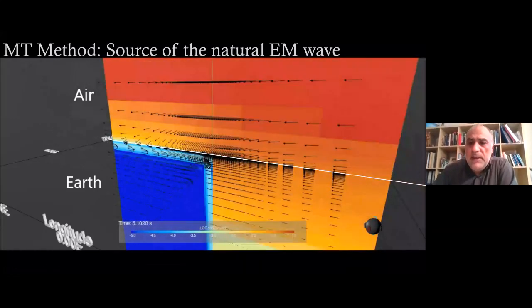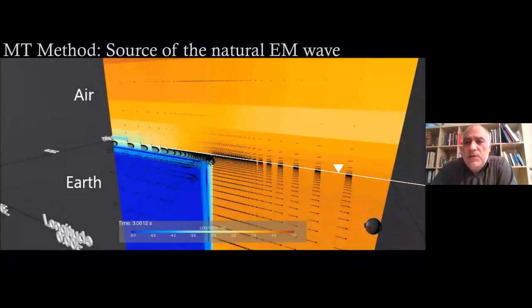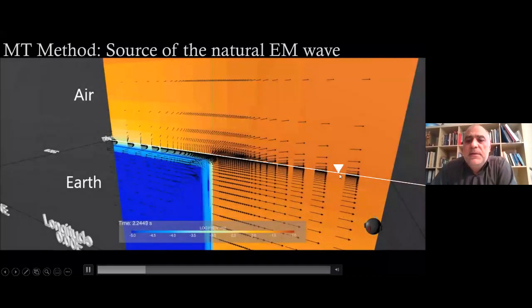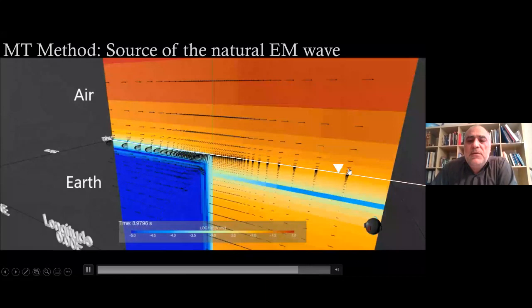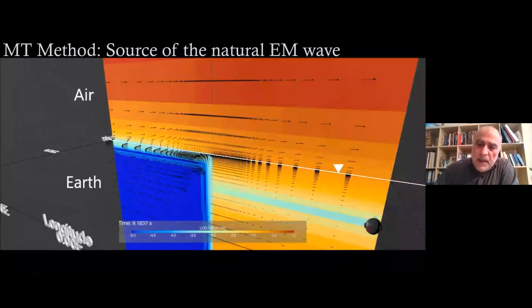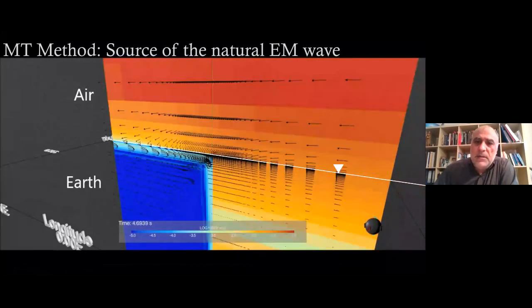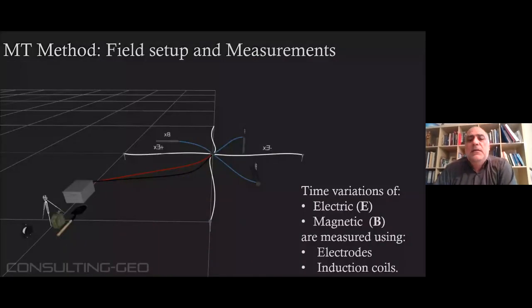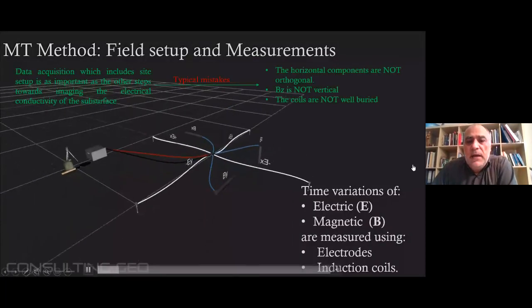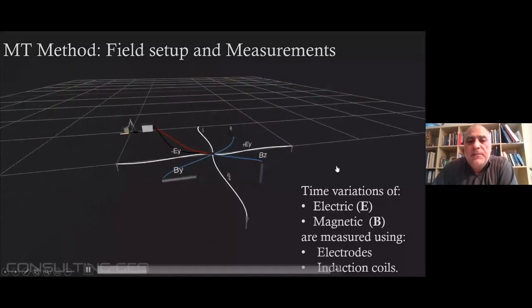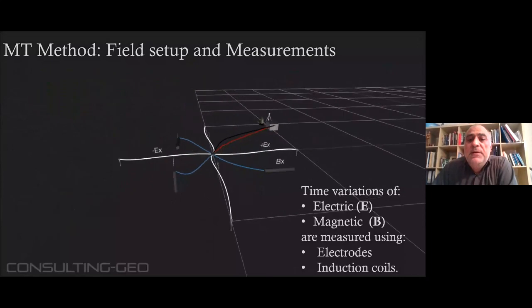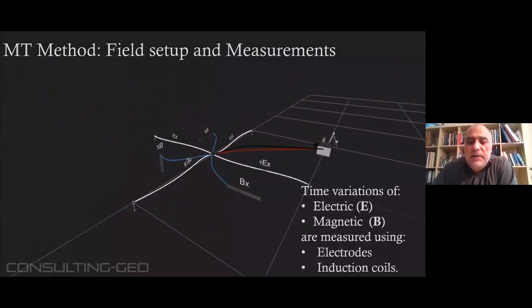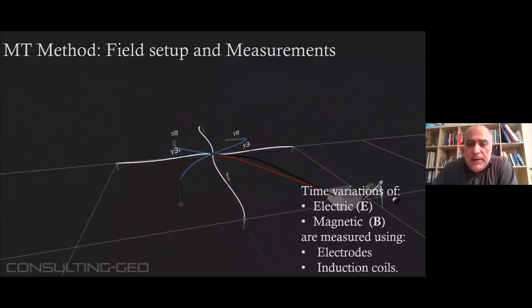Now this animation is just the electric field as a function of time. Imagine that you have sensors set up at the Earth's surface and you measure such time variation, but not only for the electric field, but also for the magnetic field. When we say sensors, they are nothing else than a pair of electric dipoles to measure the time variation of the electric field in two orthogonal directions.